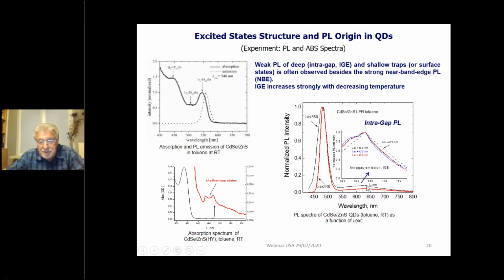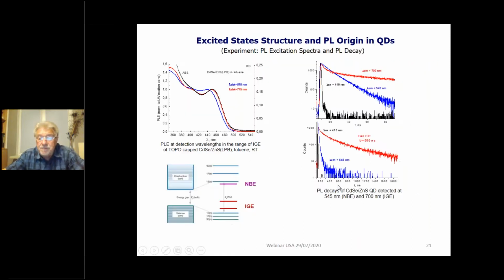The emission from these trap states is far from the main band position of the quantum dot photoluminescence, and the decay of this long-wavelength emission is 550 nanoseconds, in comparison with the 10 or 15 nanoseconds of the main band.